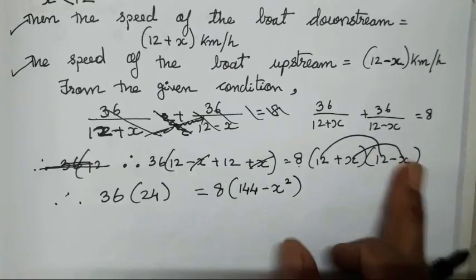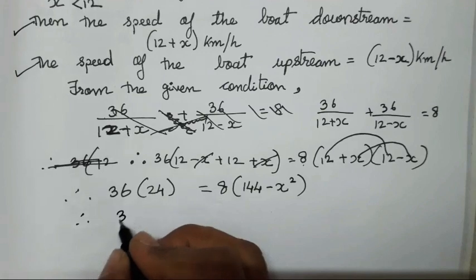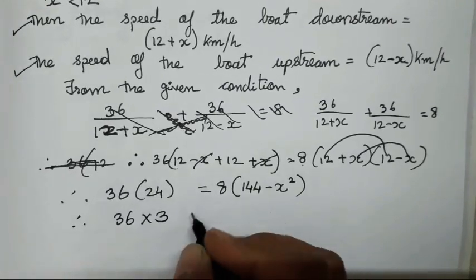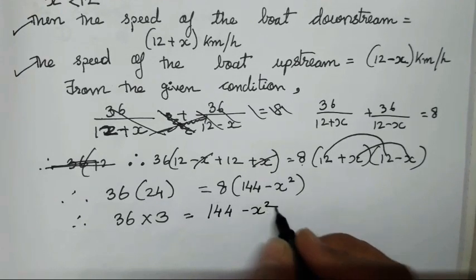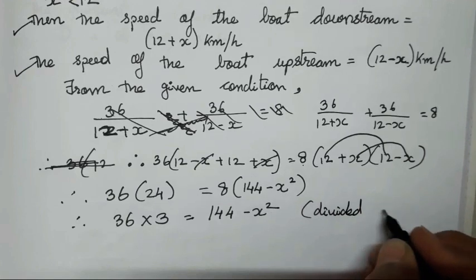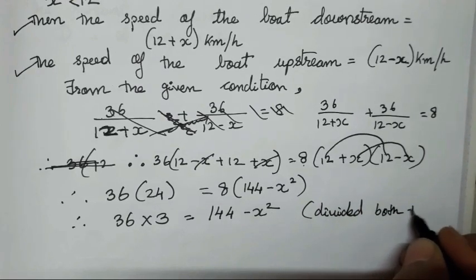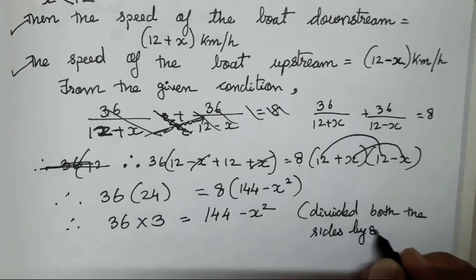Here we have to do multiplication, here simple addition. Therefore it is going to be 36 into 24 over 8, that is 36 into 3, is equal to 144 minus x square. Now what I have done is divided both the sides by 8.